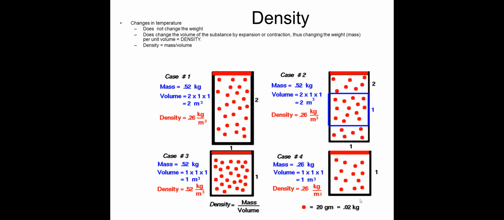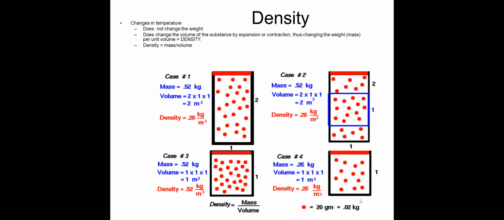And doing the math, we get 0.52 kilograms per meter cubed. This means the density is increased. So in case one, the density is less because there's more space for those molecules to float around. In case three, the density is more because there's less space for the same number of molecules to float around.